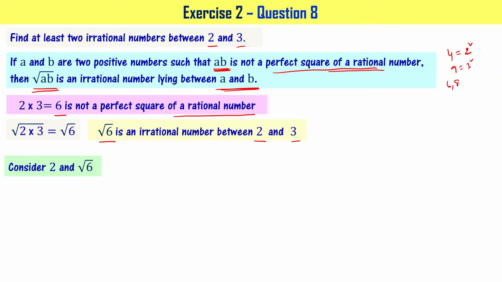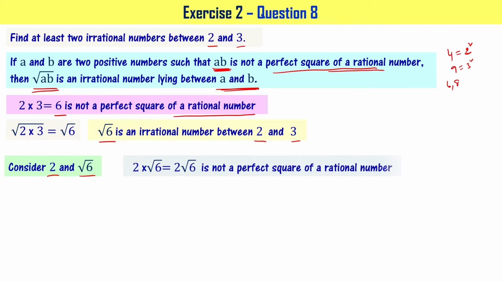Now let me consider the number 2 and the number root 6. Their product, ab, is 2 root 6, right? This is also not a perfect square of a rational number, because we know that 4 is a perfect square of 2, but 2 is not a perfect square of any number. Anyway, 2 root 6 is not a perfect square of a rational number.